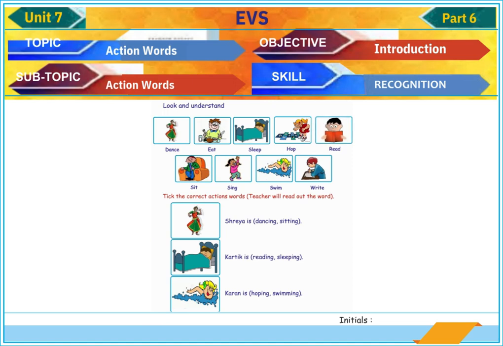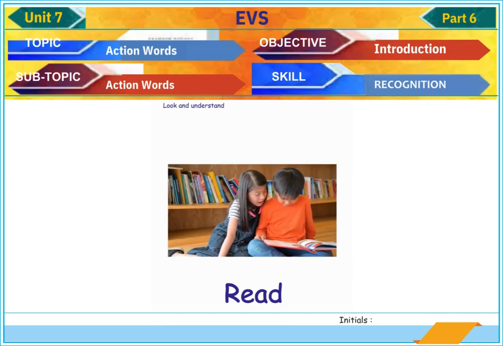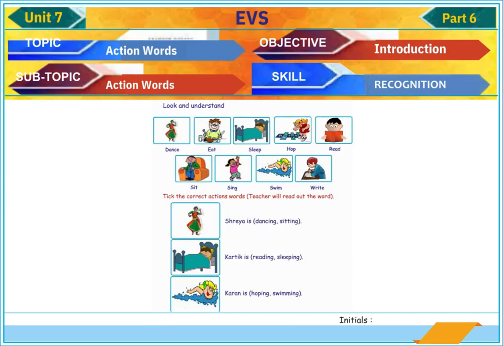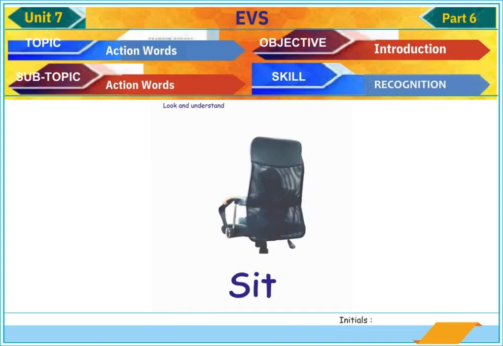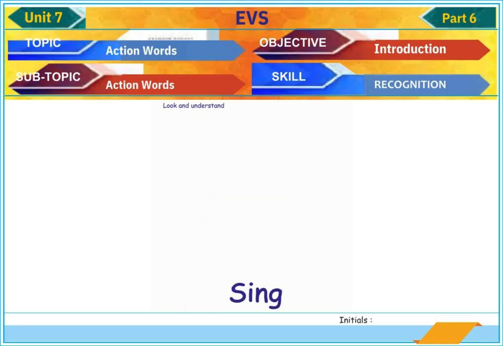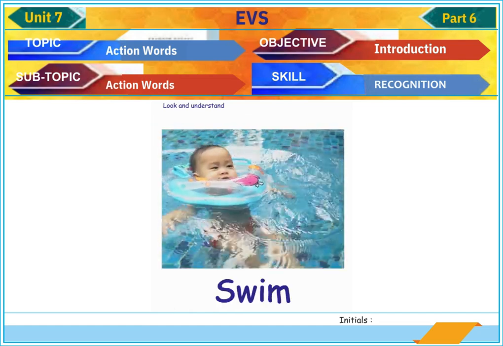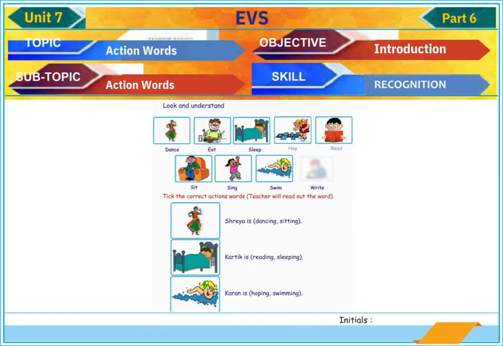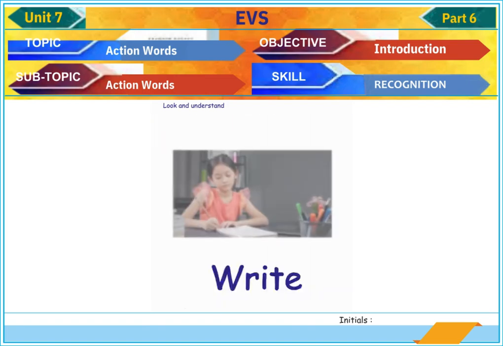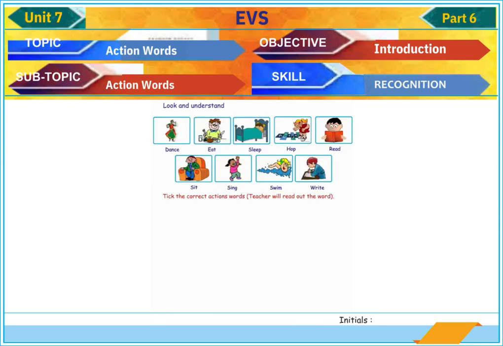Read. Sit. Sing. Swim. Write. Tick the correct action words. Teacher will read out the word.